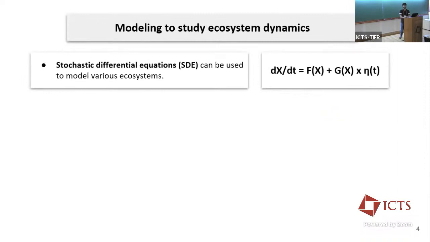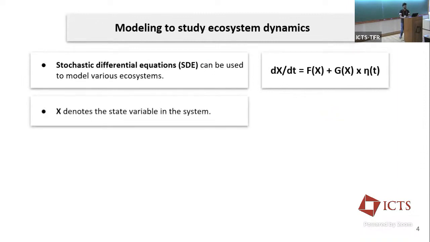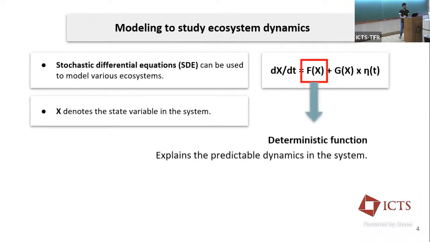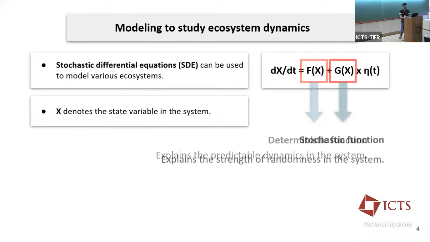These kinds of systems can be modeled using stochastic differential equations. Suppose here the x denotes the state variable for the system, which can be modeled using an SDE with f of x capturing the deterministic predictable dynamics in the system, and the g of x functional form, which captures the stochastic dynamics in the system.